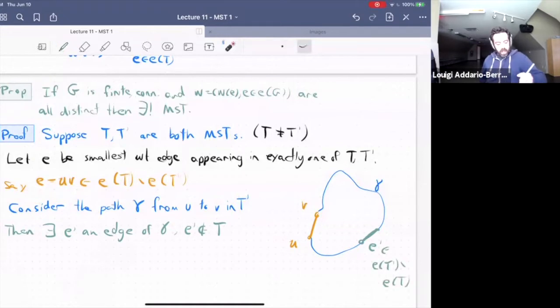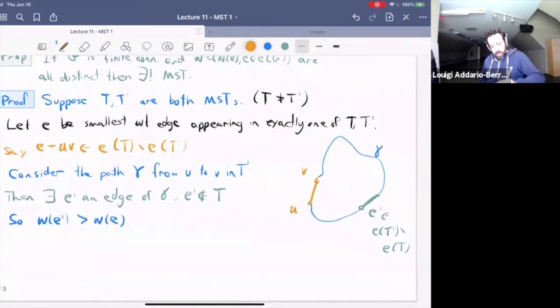Now we chose E to be the smallest weight edge which was in exactly one of the trees. And E prime is some other edge in exactly one of the trees, which means that it has weight bigger than E. So the weight of E prime is bigger than the weight of E. But then we can just swap out in the tree.